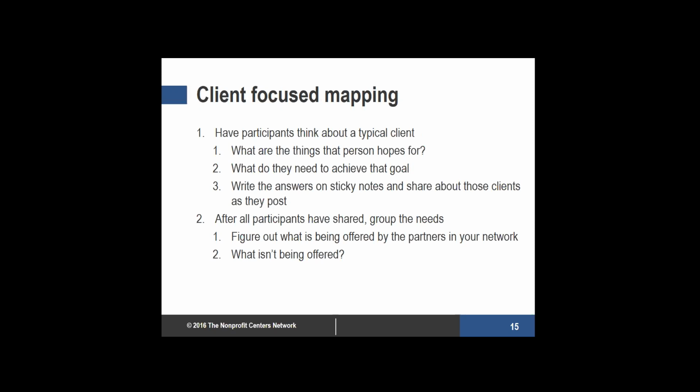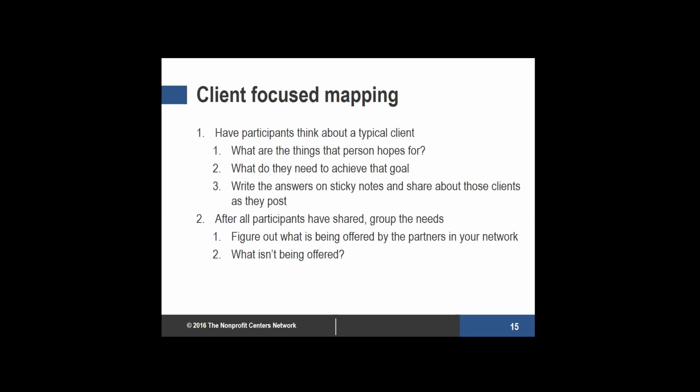So in client-focused mapping, again, you ask everyone in the room to think about the person that their organization serves. A typical client, someone that comes in regularly, someone whose story they know. And then I give everyone 6 sticky notes.